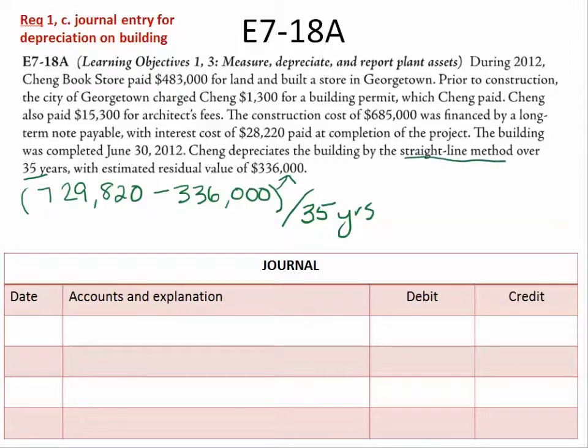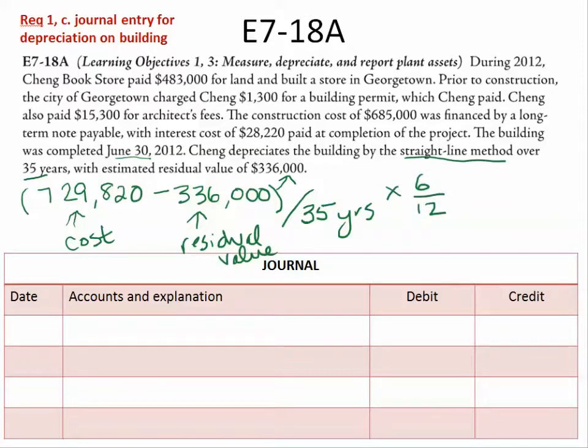Now, it was completed June 30th. That's halfway through a year, so we're going to multiply that by 6 months out of 12, because from June 30th there is half a year of depreciation to December 31st. This is our original cost from journal entry B, this is our residual value, and 35 years is the life.